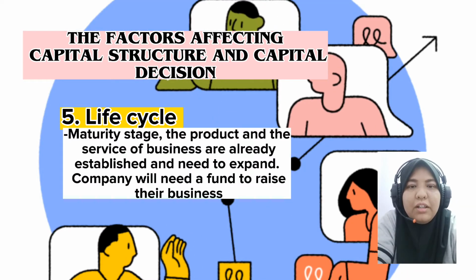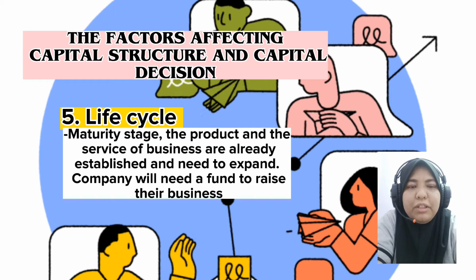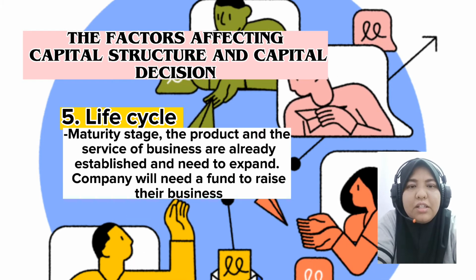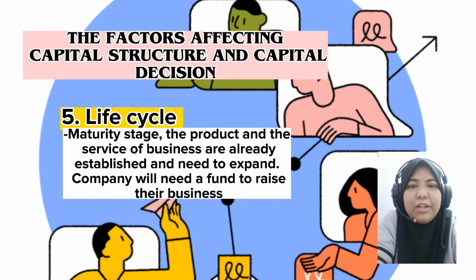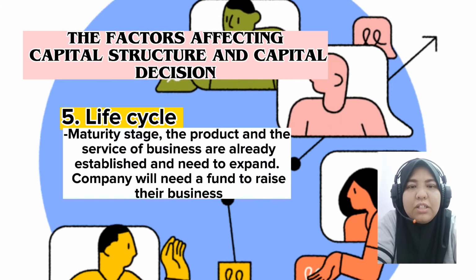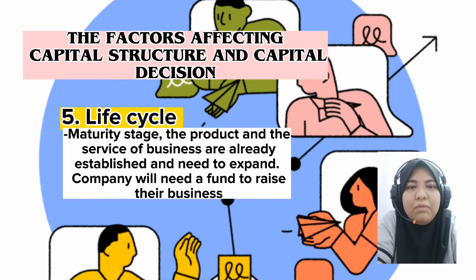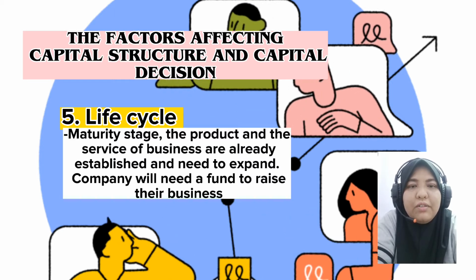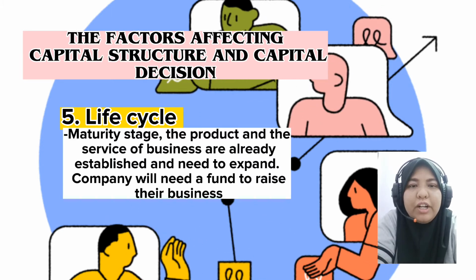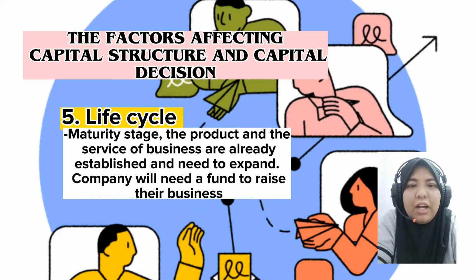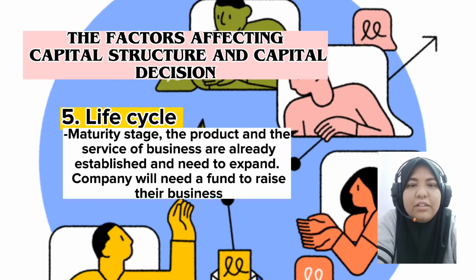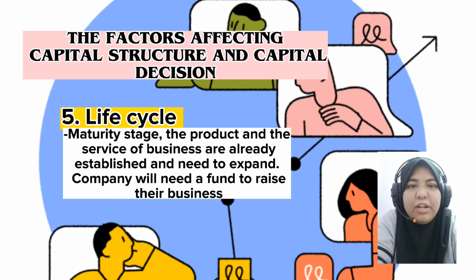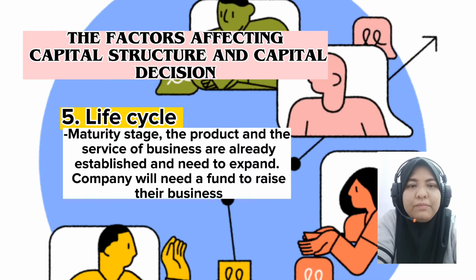Lastly, life cycle. If the company reaches the maturity stage, the products and services of the business are already established and need to expand. Therefore, a company will need funds to grow their business, for example funds raised from ordinary shares for the company capitalization. Unlike a business at an early stage, the risk of failure is high when they do capital structuring.